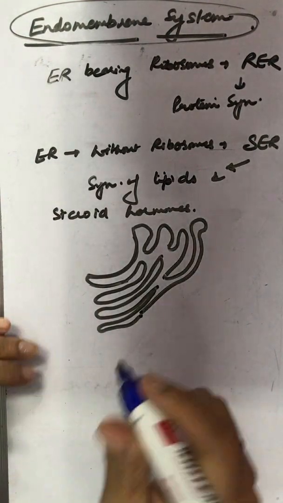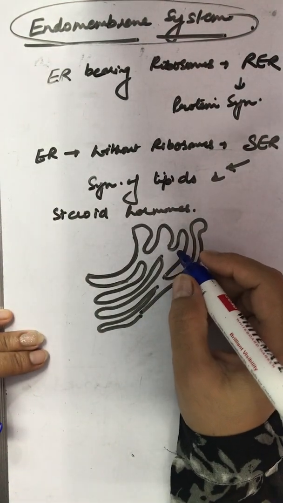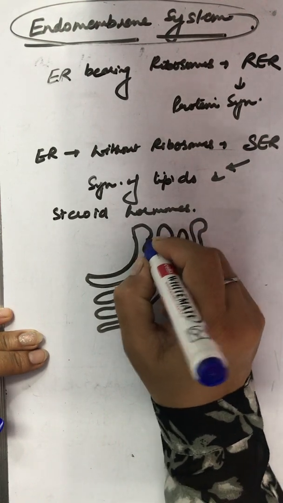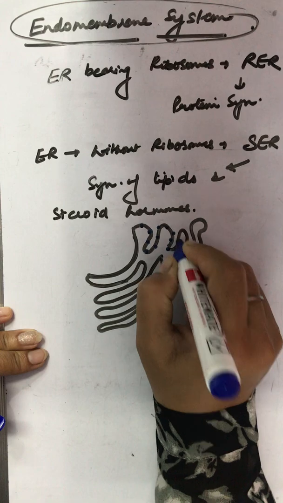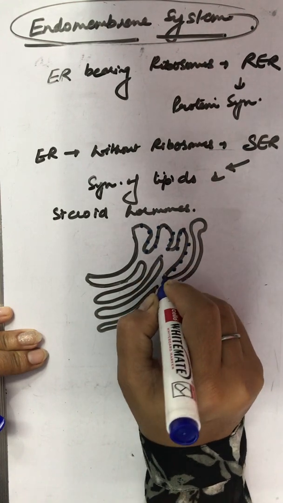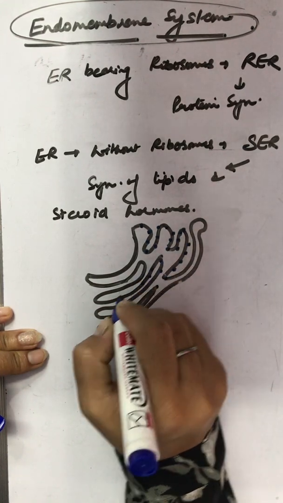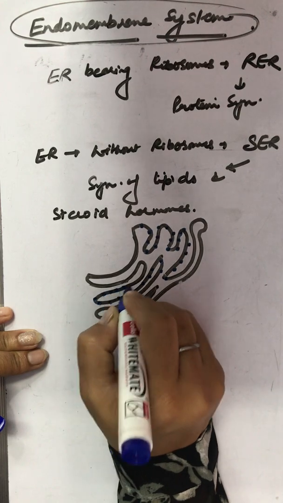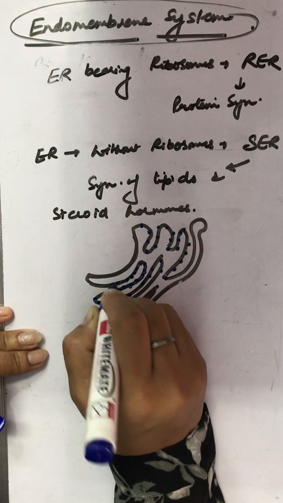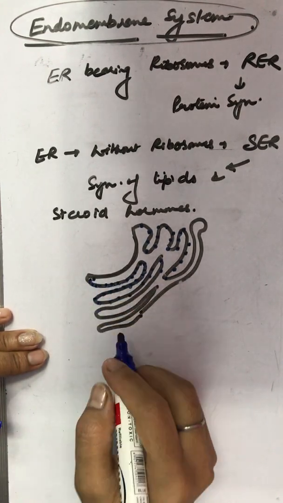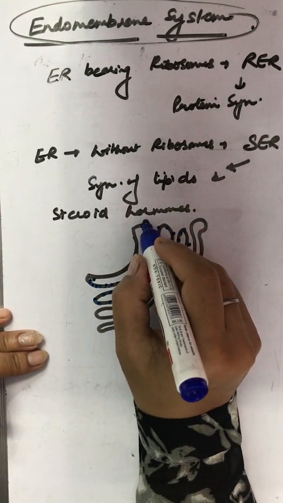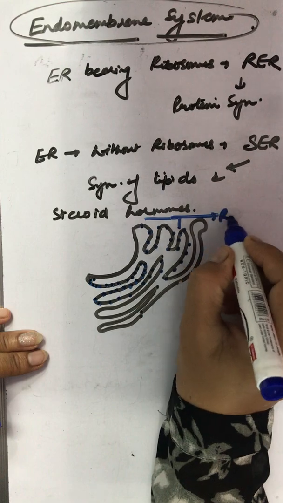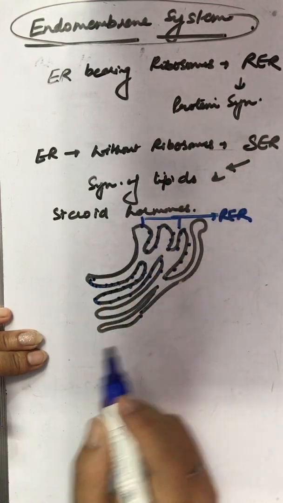And obviously the membrane near the nucleus, it bear the ribosomes. So we show RER here. The dots are the ribosomes. Wherever these would not be present, we call it SER, and wherever these dots are present, we call that area RER.